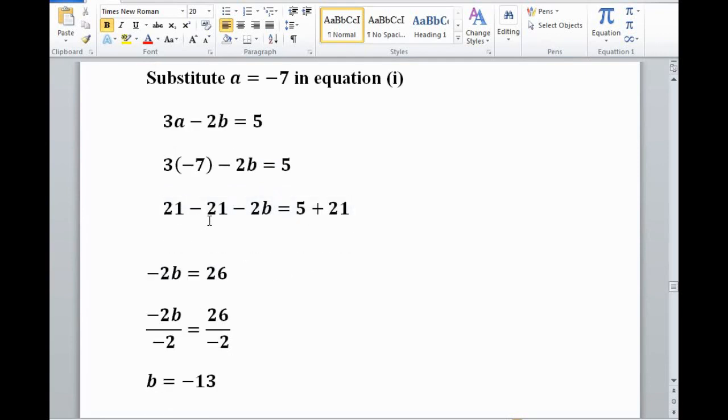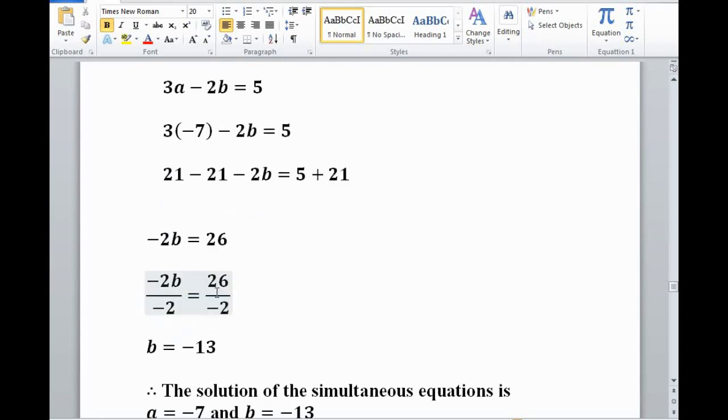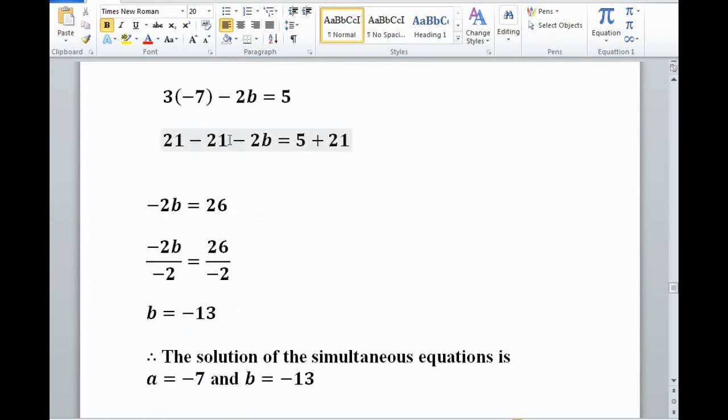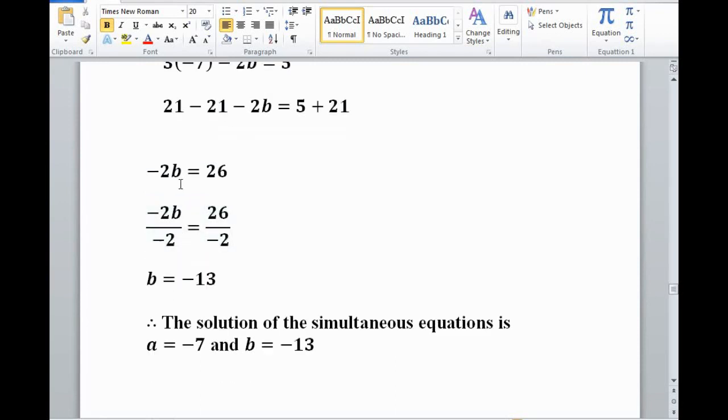We know that positive 21 and negative 21 will cancel out each other. So we have negative 2b equals 5 plus 21, 26. Or you can also take this negative 21 from left to the right side and you will get 5 plus 21, which is 26.